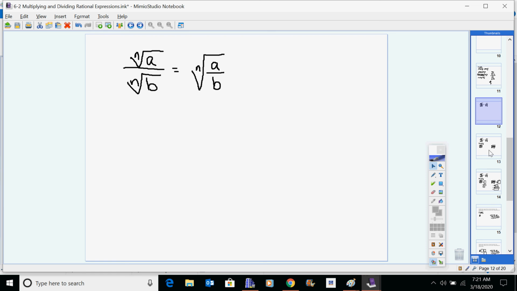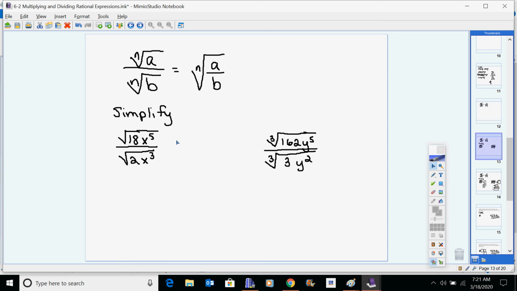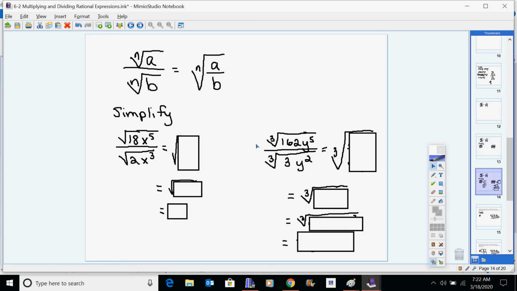And when we begin to work on problems, a lot of times the easiest thing to do is make them into one big fraction first before you start doing these things, before you start simplifying.